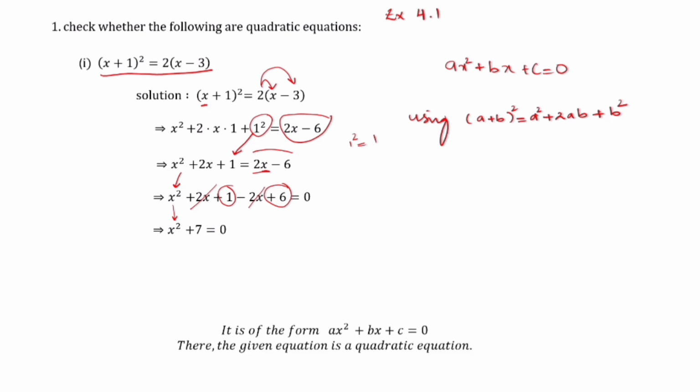So we can conclude that this last expression is of the form ax squared plus bx plus c is equal to 0. Why?